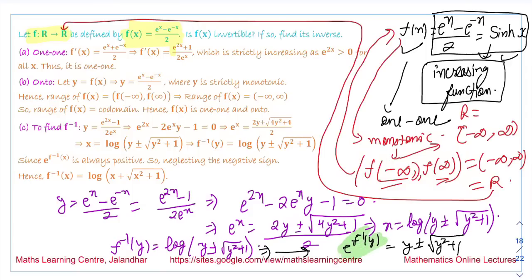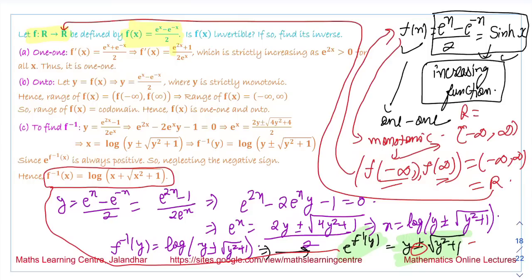Now look at this number: it is e raised to the power something, so it is always positive. It means this number cannot be negative. So what we obtain is that the negative sign over here is not possible. So the final answer that we will obtain is f inverse of x is equal to log of x plus square root of x square plus 1. This is the inverse function of the given function.